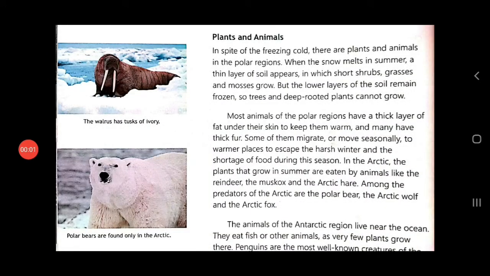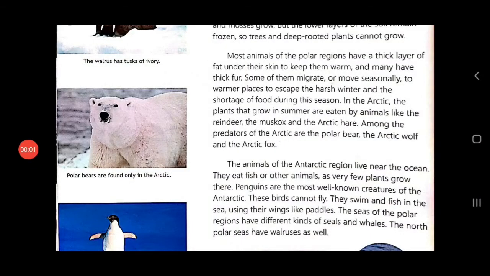Among the predators of the Arctic are the polar bear, the Arctic wolf, and the Arctic fox. Now children, first of all, what is the meaning of predator? Predator is an animal that kills and eats other animals, okay, अन्य जीवों को मारने और खाने वाला जानवर. तो in this area, which animals are the predators? The polar bear, the Arctic wolf, and the Arctic fox.